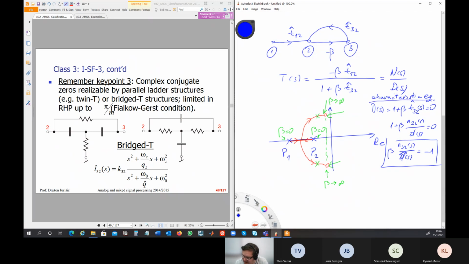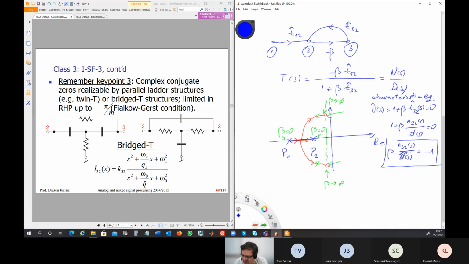And you see immediately that zeros of N32 are those here, and zeros of D of s are those two poles here. So it starts from poles of the open loop network and finishes in the zeros of the open loop network, and beta is going from 0 to infinity.